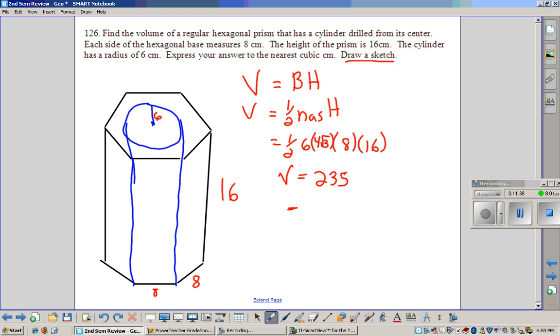Now we need to subtract out the volume of the cylinder. The cylinder, we'll just do off to the side here, is just pi r squared times h. It's 6 times 6 is 36 pi times 16.